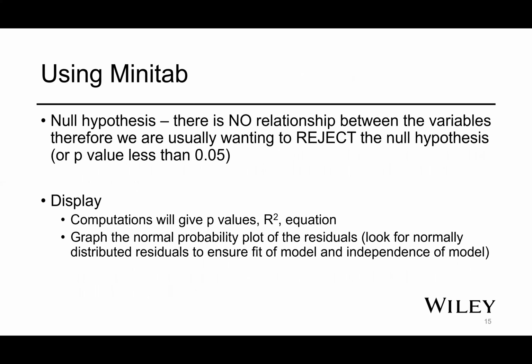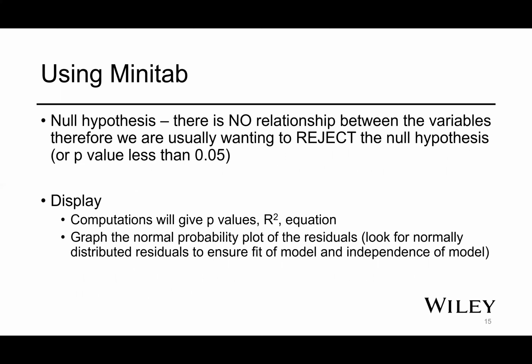So when we use Minitab, the most important thing to remember is that the null hypothesis is that there is no relationship. And so we want to reject the null hypothesis. We want the p-values for the equation to be less than 0.05 or whatever our alpha is.